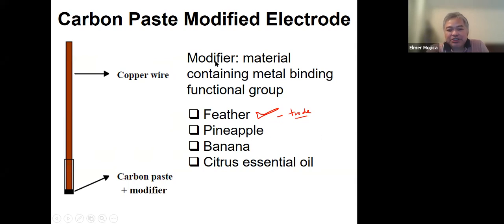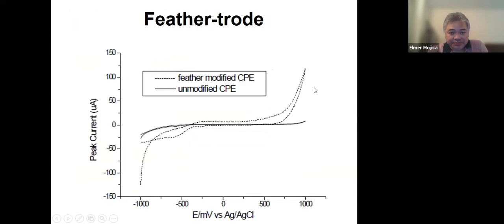So the way that we do is the modifier that we have is just material containing metal binding functional group, okay. And the feather-trode that I have, so when they do the CV, so you could see the difference. One that just contained the carbon base electrode. So when we say carbon base, ito yung graphite na makikita natin sa lapis, but in the powder form.